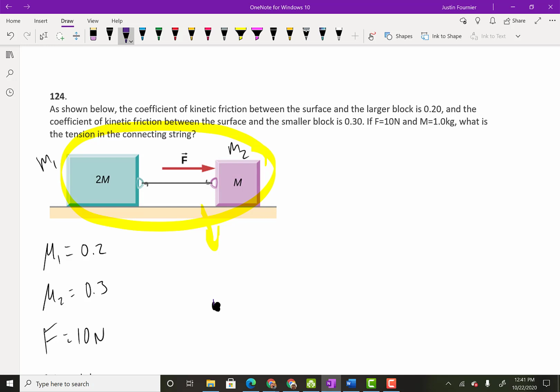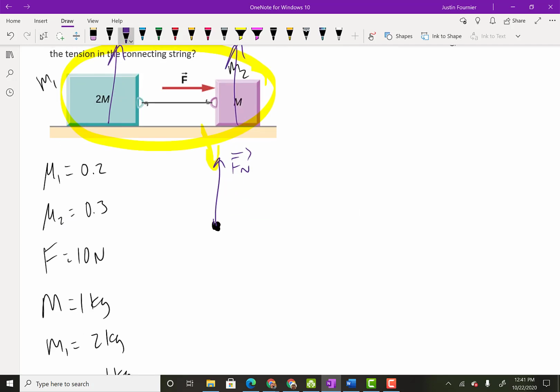Yeah, let's combine them. So there's a normal force here and a normal force here. And what I'm going to do is combine these normal forces so that it's all one normal force Fn. I might regret this, but we'll see. And then the weight, this is now the total weight of everything.